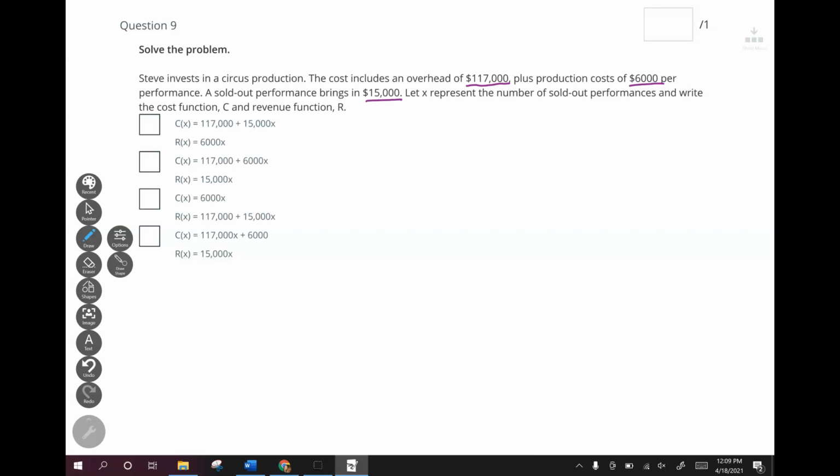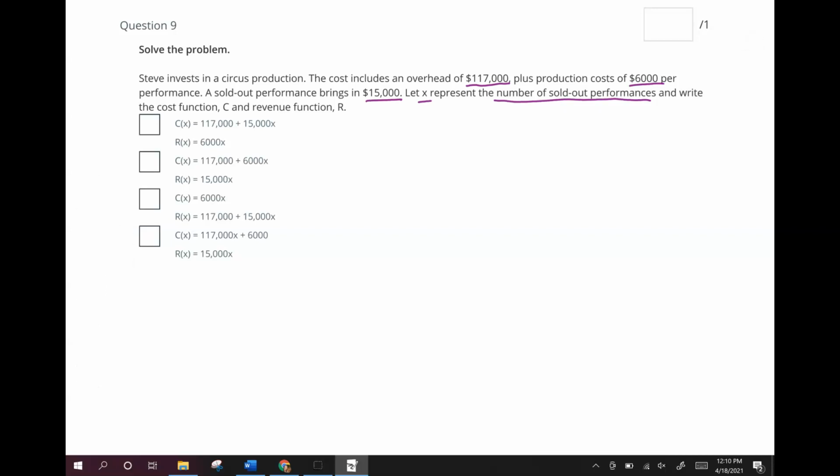Let X represent the total number of sold-out performances, and write the cost function C and revenue function R. So cost is obviously how much he's spending on each show. We're adding up how much he's spending total. And then your revenue is how much he's bringing in total.